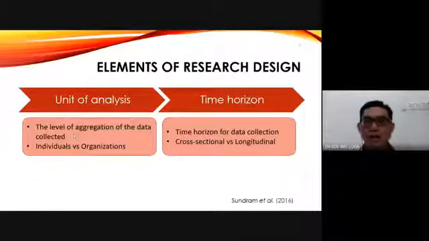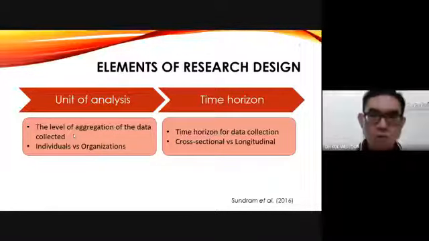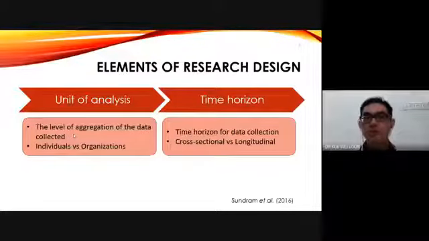So when you explain your unit of analysis, you have to think about from whom you are going to collect your data. So normally in our research, we will either collect the data from individuals or from organizations.